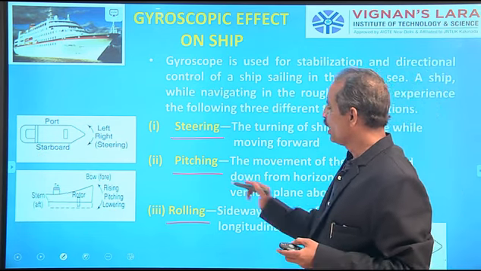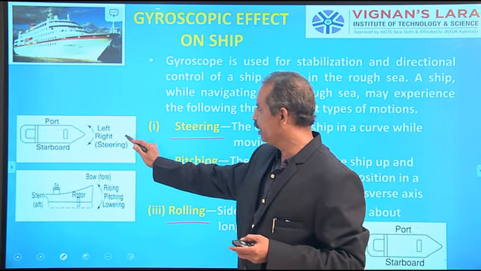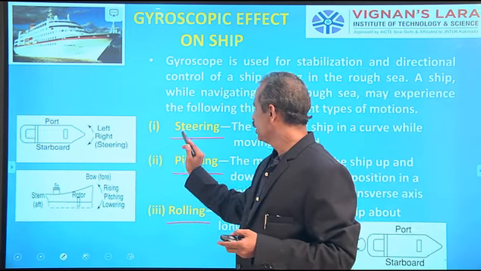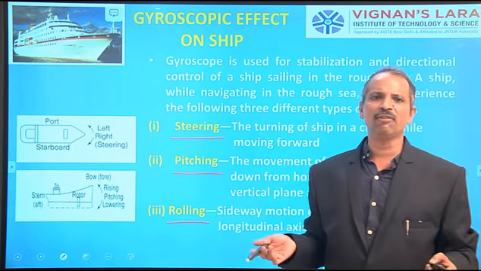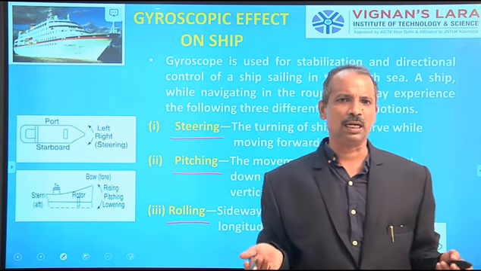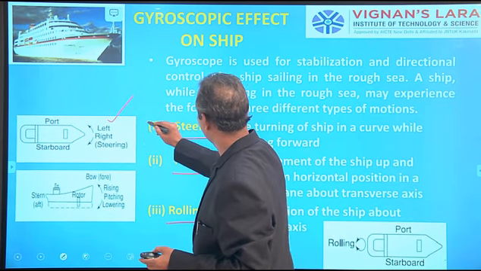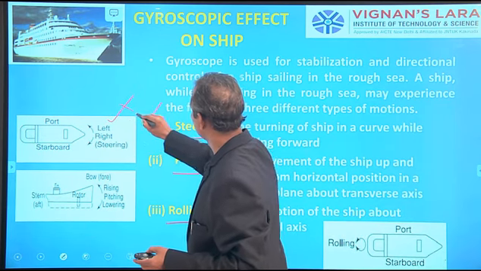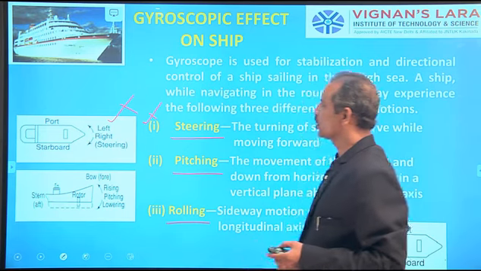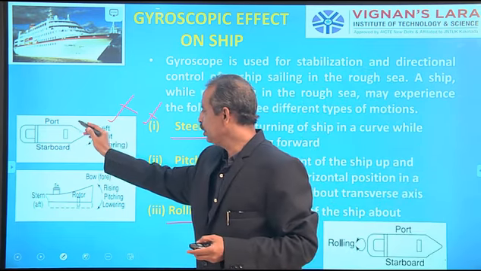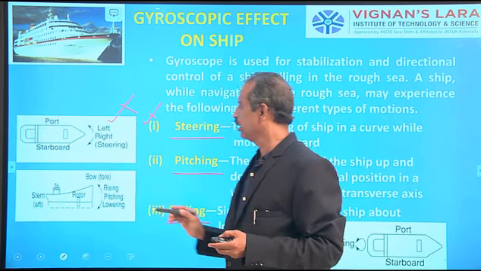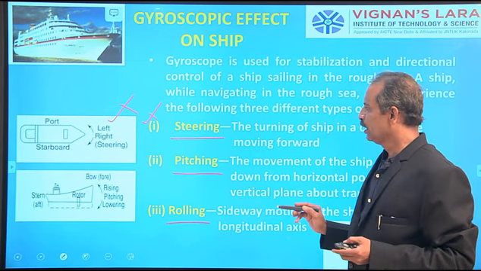What is steering, pitching, rolling? Let us see. I have schematically represented those things. Steering means, like your ordinary vehicle, taking a left turn or a right turn. This diagram is connected to steering. It takes a left turn or a right turn; that is called steering.